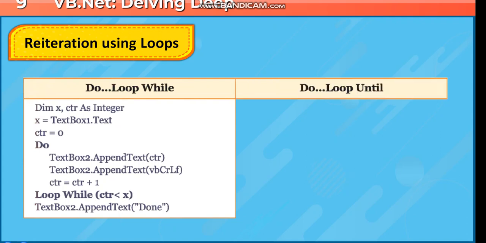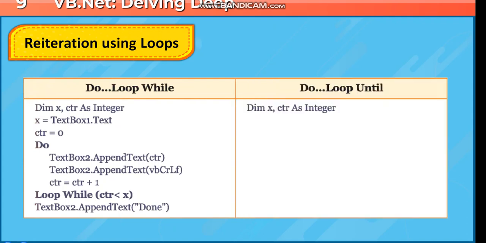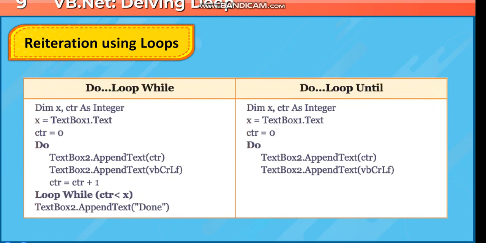Do Loop Until. Dim x, ctr as Integer, x = TextBox1.Text, ctr = 0. Do TextBox2.AppendText(ctr), TextBox2.AppendText(vbCrLf), ctr = ctr + 1. Loop Until ctr >= x, TextBox2.AppendText("Done").